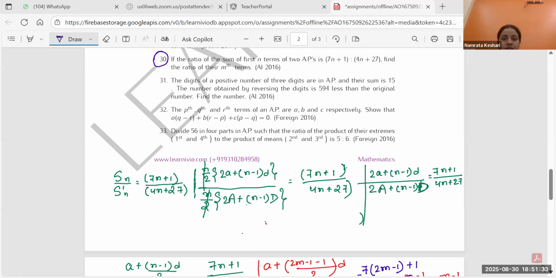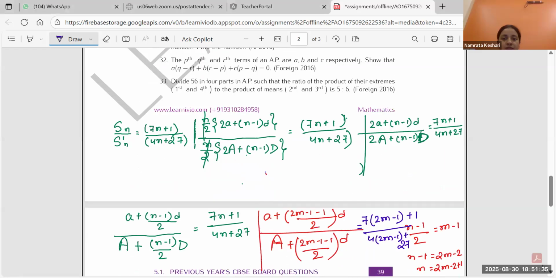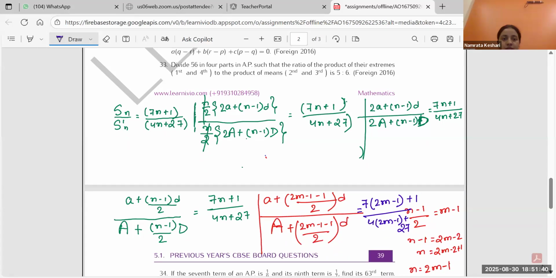Ma'am, after this, 2a plus (n minus 1) d by 2a plus (n minus 1) d is equal to that.